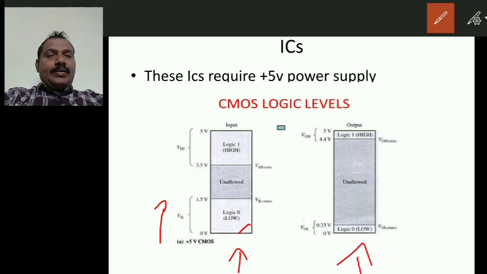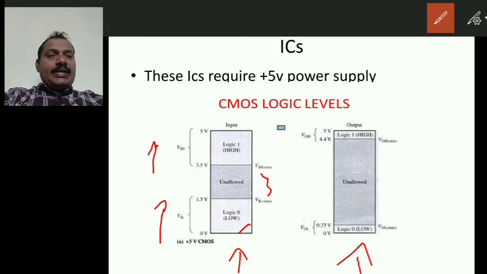Next, this band is not acceptable, the intermediate band is not allowed, and for logic 1 it is 3.5 volts to 5 volts. That means whenever a logic 1 input level is there, it must have 3.5 to 5 volts, then only it will be treated as input logic 1. So this is the VIH range.